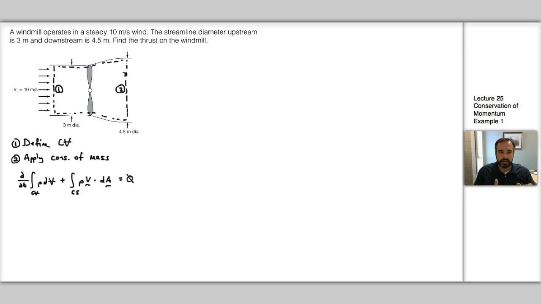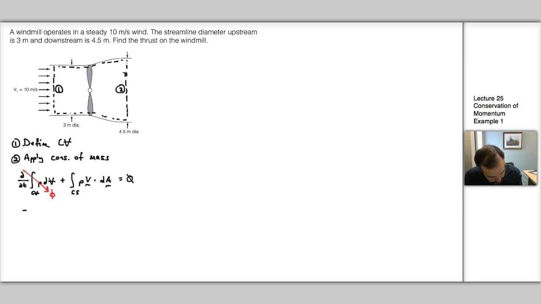We're told in the problem statement that the flow is steady. It's a steady 10 meter per second wind, so we can assume that the flow is steady. So this first term drops out, so that's 0. Okay. And then because of the way we've defined our control volume, the flow is perpendicular to both surface 1 and 2, so we can take that V dot dA and get simply U times A. And so we can get the same expression we had in the previous example.